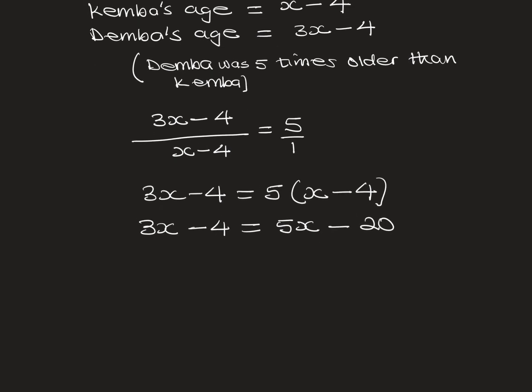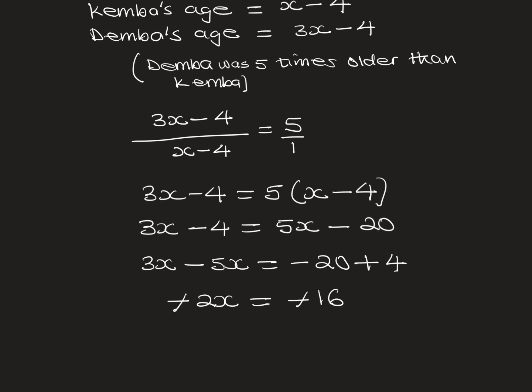Moving on, we can collect like terms. 3x minus 5x is equal to minus 20 plus 4, right?